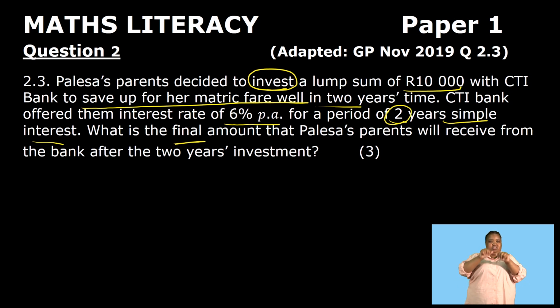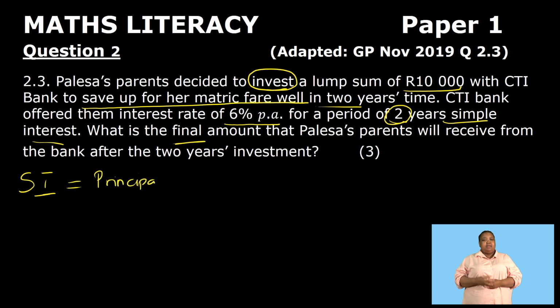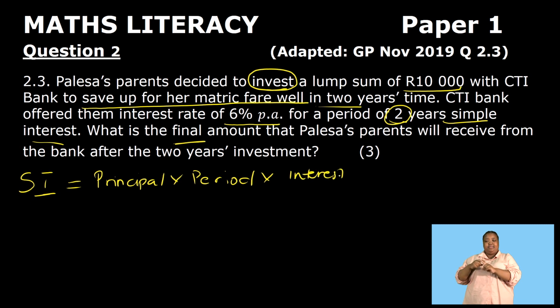So now in this case, remember, we need to write what we are calculating. So we are calculating the simple interest. So we are going to look at our principal amount, multiply it with the period for the investment as well as the interest rate. So now we have the principal amount which will be invested.